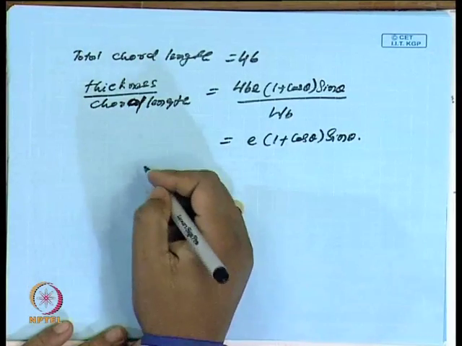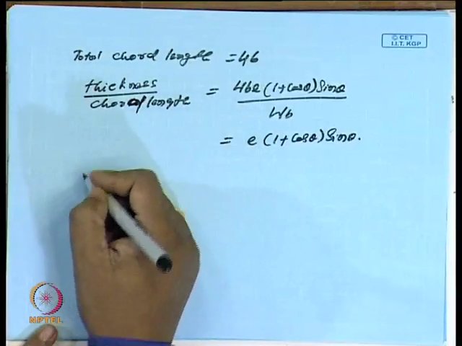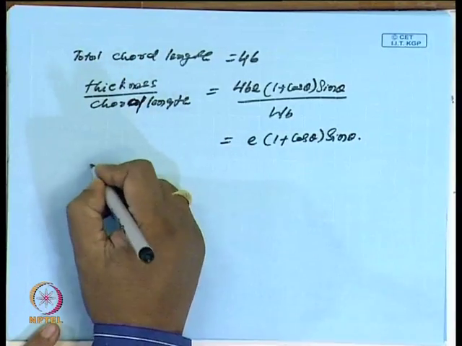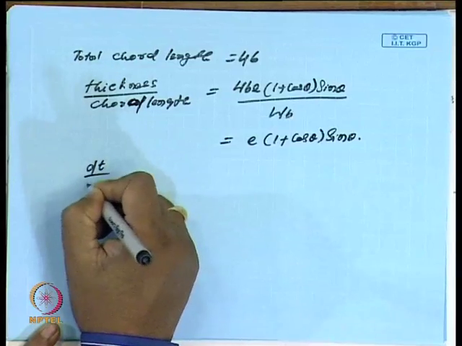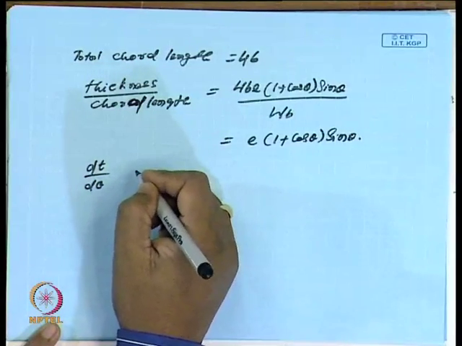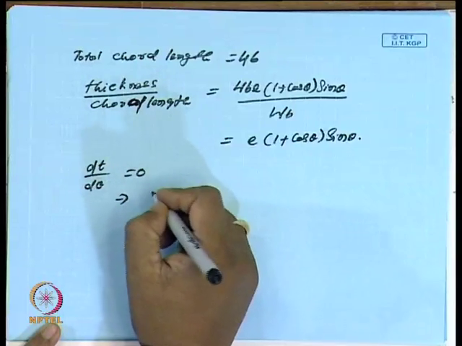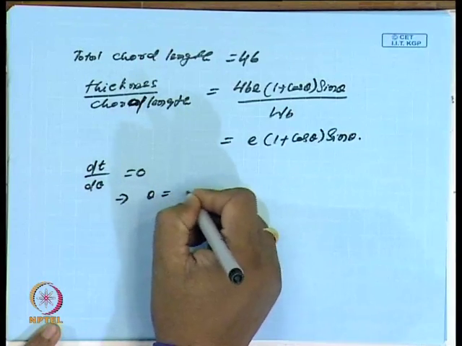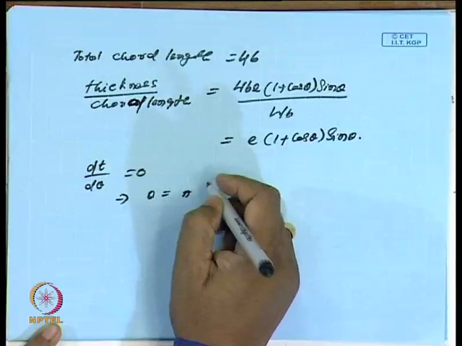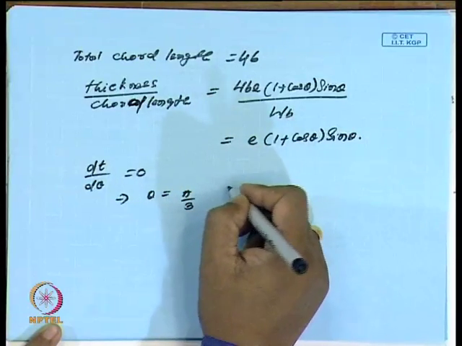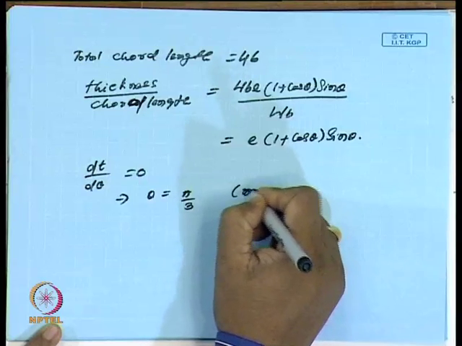Again, if you look at dt by d theta equal to 0, we can always see that theta is equal to pi by 3, and theta equal to pi by 3 will give us the maximum thickness.